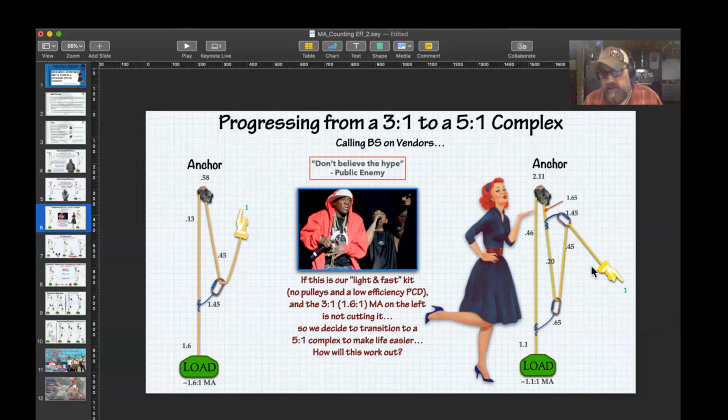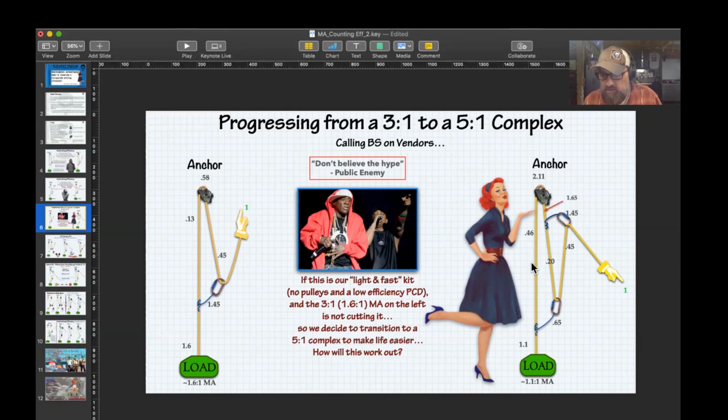Now what we see is just terribleness, just awfulness. So as 1 comes in, 0.45 comes out. As 0.45 comes out, we times that by a 0.45 efficient pulley, 0.20 comes out, meets up with my 1.45. And in this section, going into my very inefficient progressive capture, I have 1.65. 1.65 comes in, we times that by 0.28, and we have 0.46 coming out.